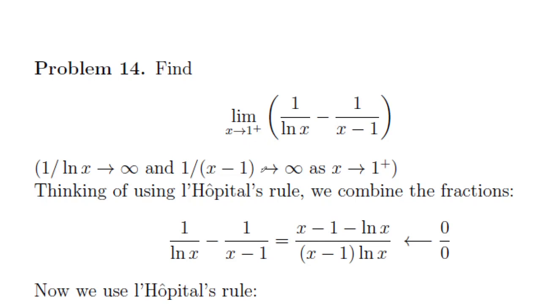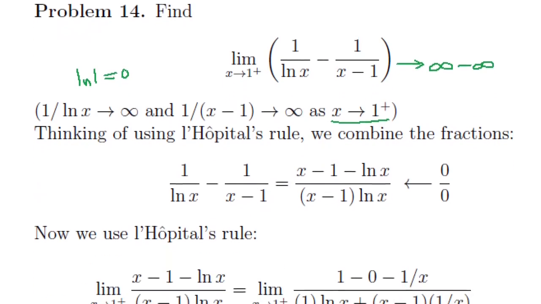As x goes to 1 plus, ln of x goes to 0 because ln of 1 is 0. So 1 over that goes to infinity. 1 over x minus 1, 1 over 0, goes to infinity as well.